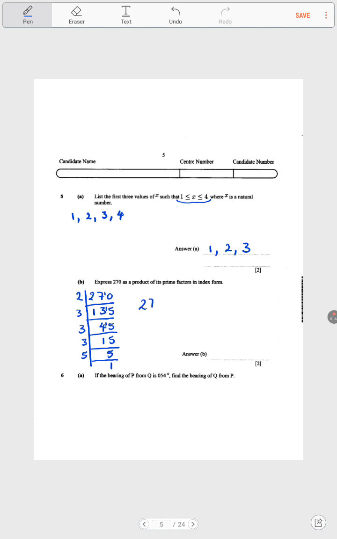So 270 is going to be equal to 2 times 3 to the power 3 times 5.